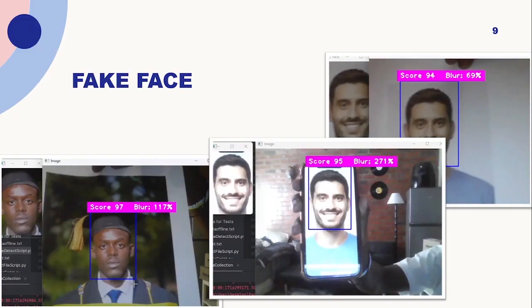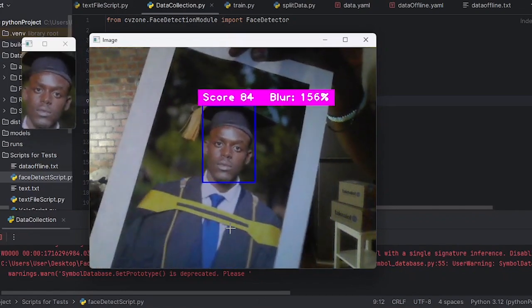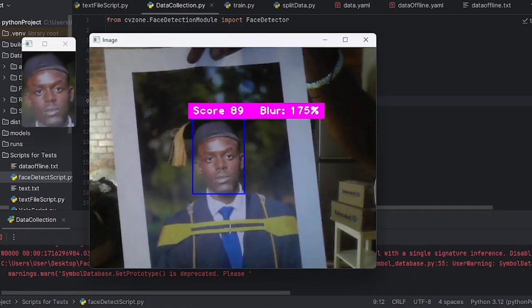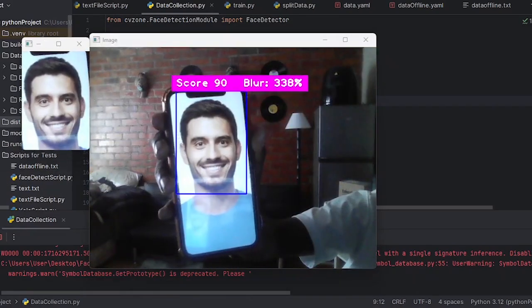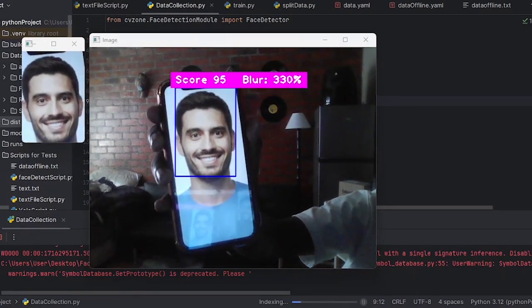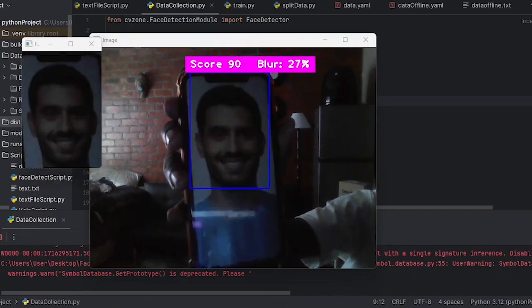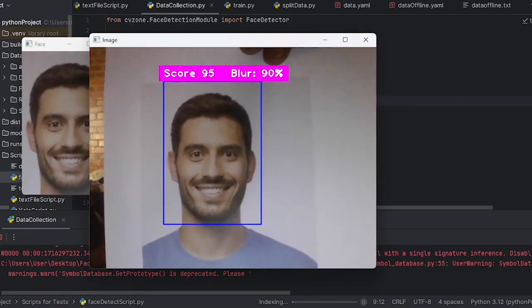For the fake faces, you can see that the first picture is a picture of myself printed out, pointed at the camera, and the second face is a picture of someone on the phone. And the last one is that same person printed out on a piece of paper.